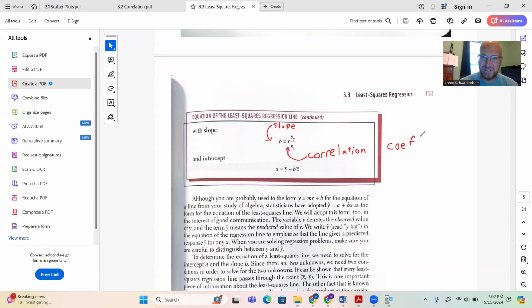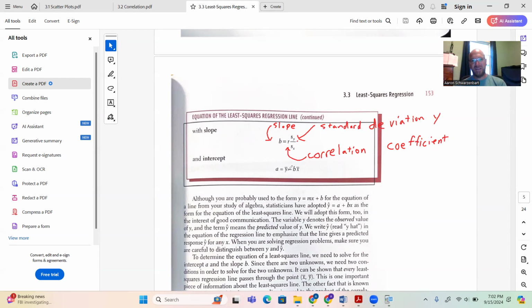And this is important. This is a nice formula. If you have all the data, you're just going to let the calculator do it for you. But sometimes they will give you statistics like, here's the correlation. Here is the standard deviation of y. Here's the standard deviation of x.